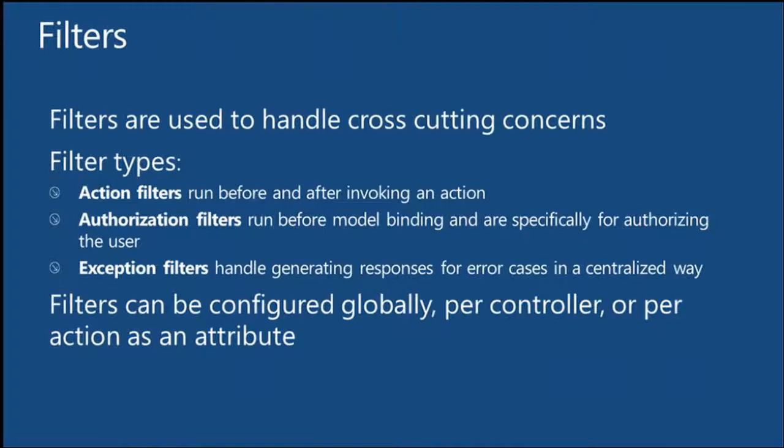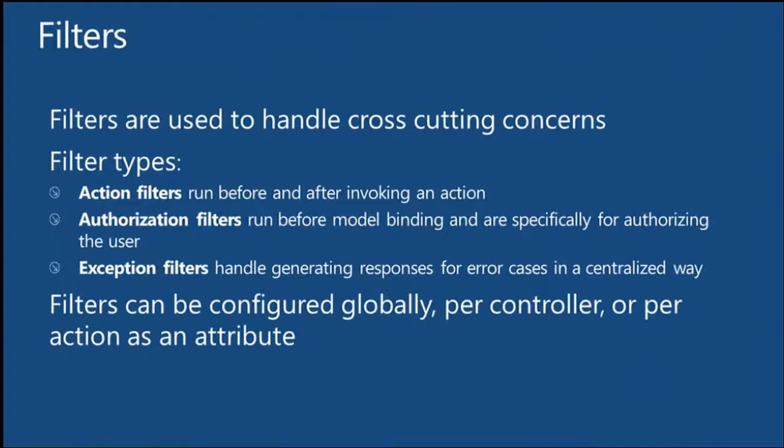There are also authorization filters. Authorization filters are very similar to action filters. They just run earlier. They run before model binding has occurred. So you can put your authorization logic there and save yourself some CPU cycles if you find out, actually this person's not authorized at all, so I'm not even going to bother to pull data out of the request. Exception filters are kind of like a finally clause in the stack.